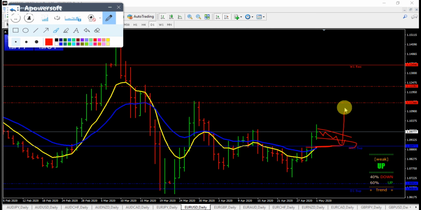I'm expecting this pair to go up, Euro USD, at least to this level or this level. Those are two of my key resistance levels. When it comes here, I'm going to sell, or if it comes down to at least my monthly support level, I will see the price action and then I'm going to buy.